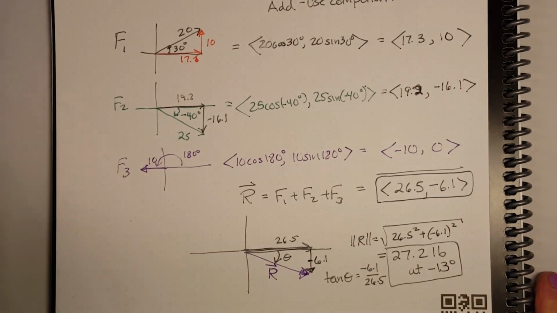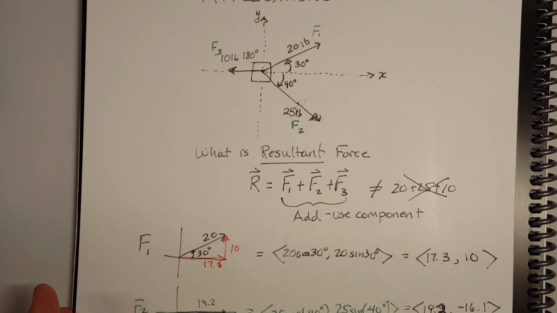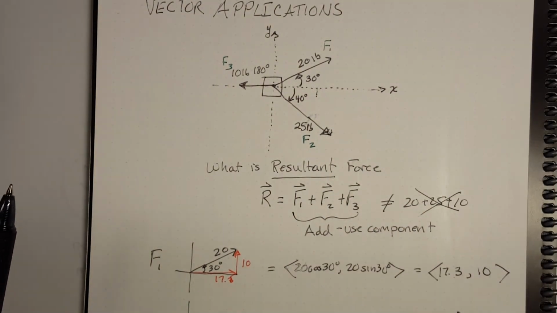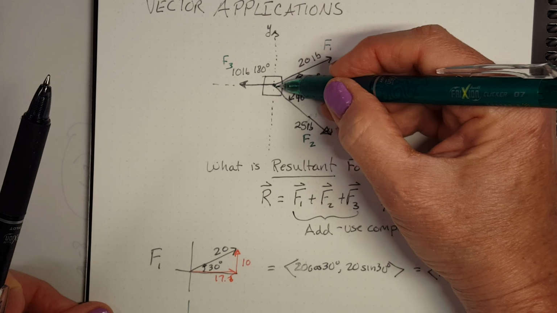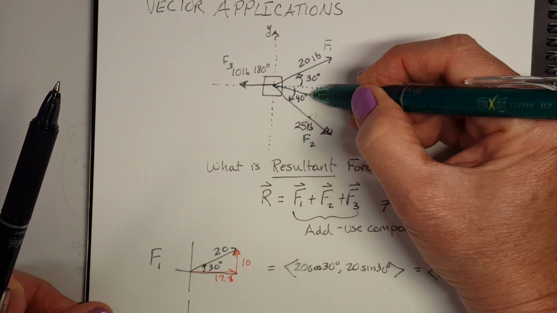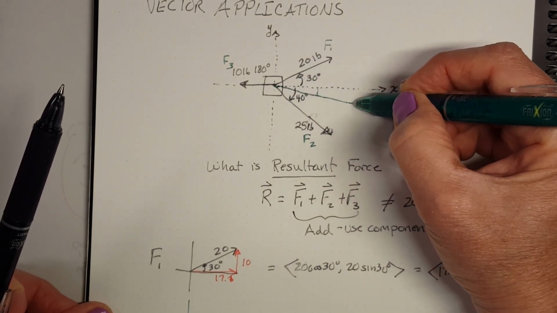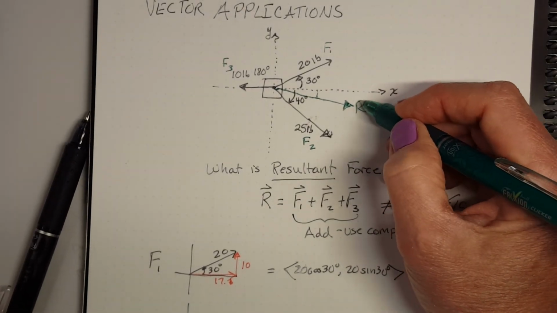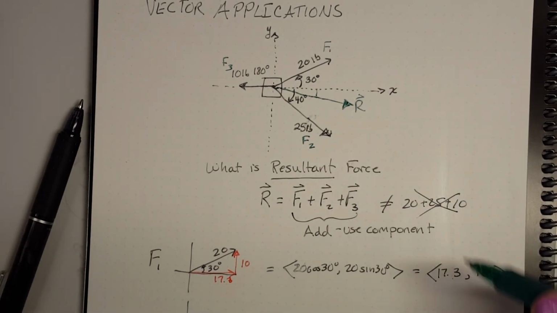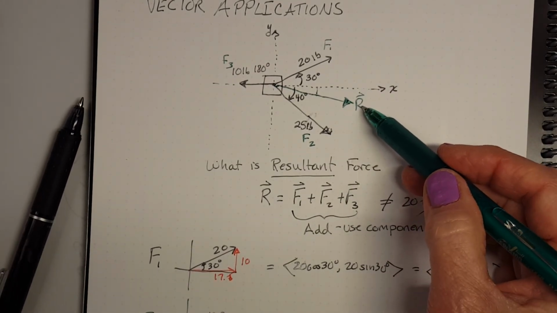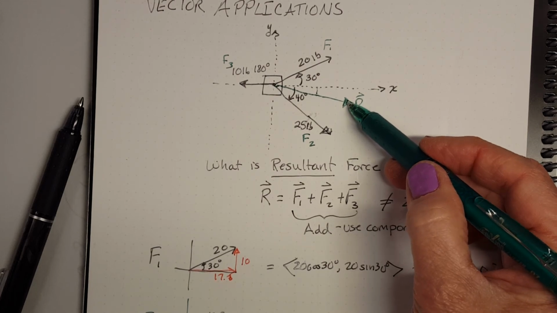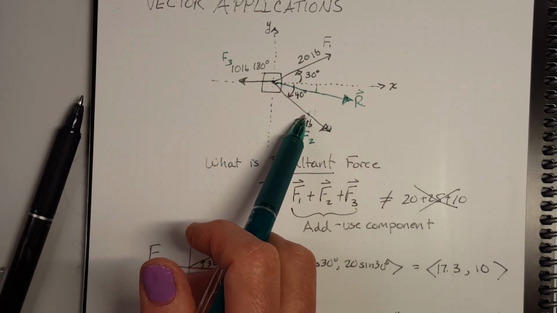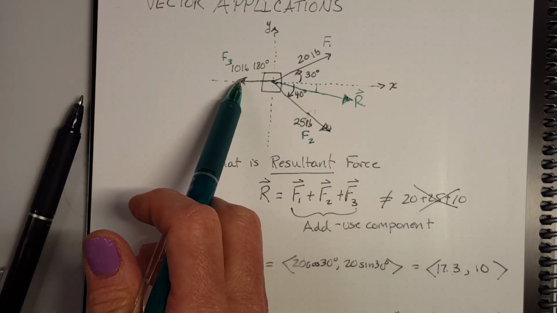Now let's just go back and look at the picture. Does this make sense? So negative 13 degrees would be something like down here. And 26.5 would be something like maybe this. Something like that. So this one resultant vector that's drawn in green, one person pulling that green vector would be the same as somebody pulling 20 pounds this way, somebody pulling 25 pounds this way, and somebody pulling back at 10 pounds.